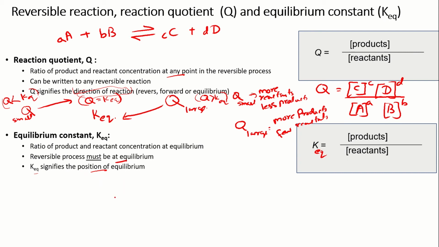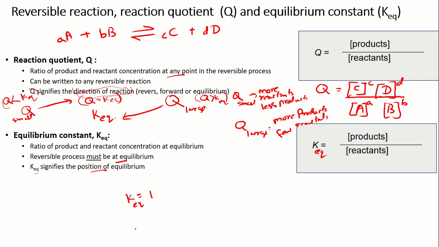So let's look at a perfect condition. Is there a perfect condition where Keq becomes 1? If you have equal product concentration and reactant concentration, if you have equal numbers in this ratio, what will be the result?